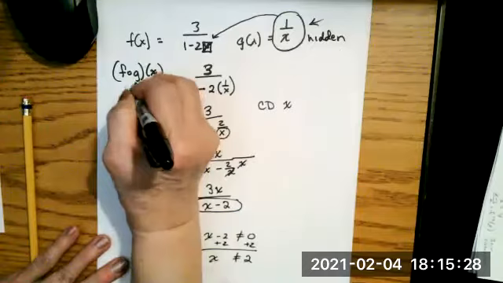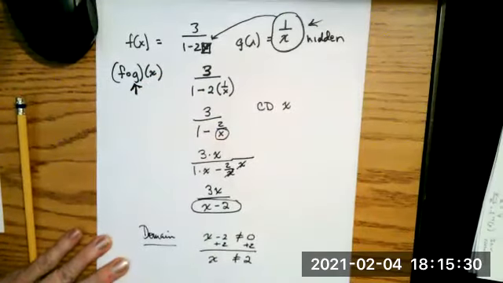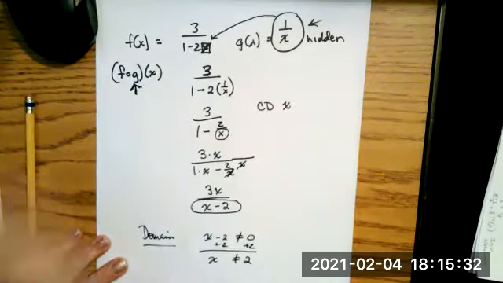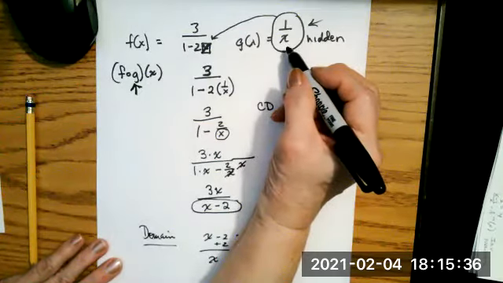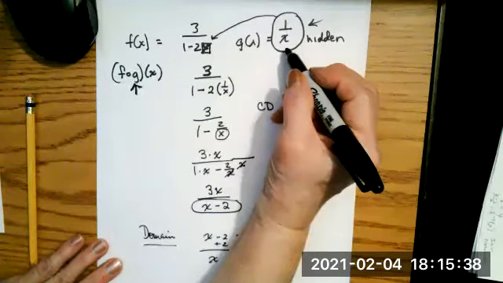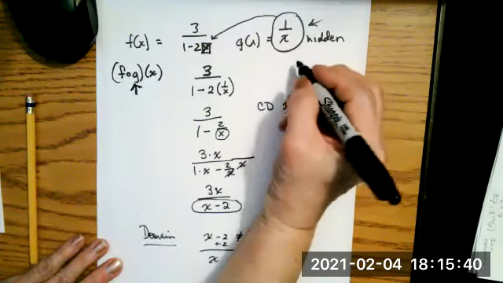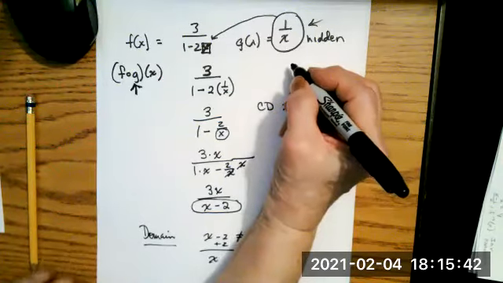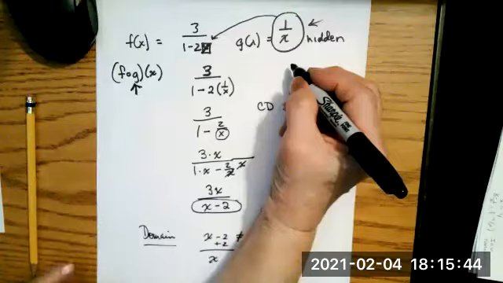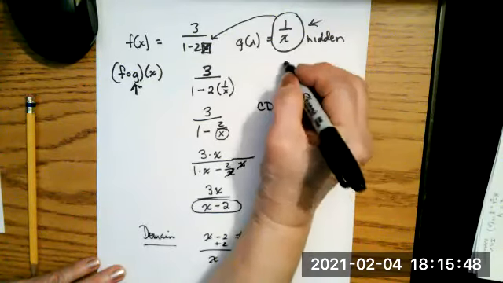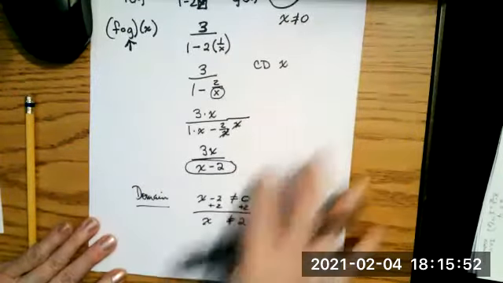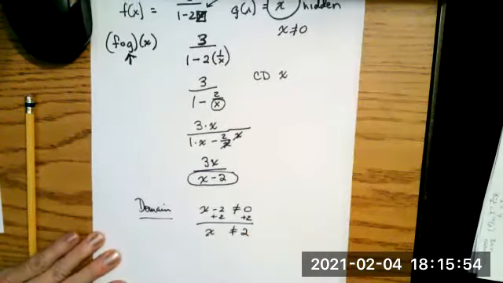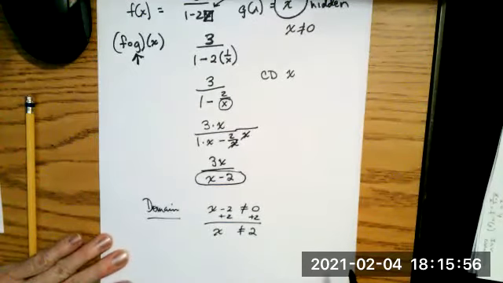It's also the one that is mentioned last. So is there a number I can't use for this one? Because it's inside there, and I have to consider that one as well. Is there a number I can't use in the bottom of that one? 0. X cannot be equal to 0. So there's 2 places that it can't be. It can't be 0 and it can't be 2.